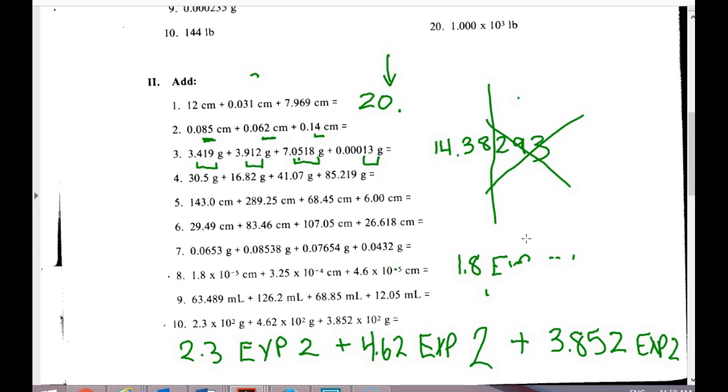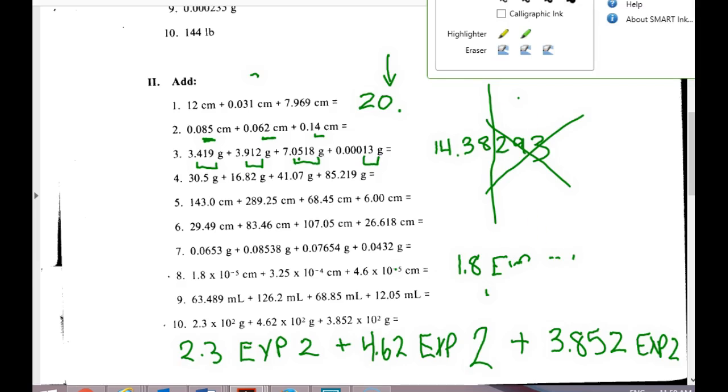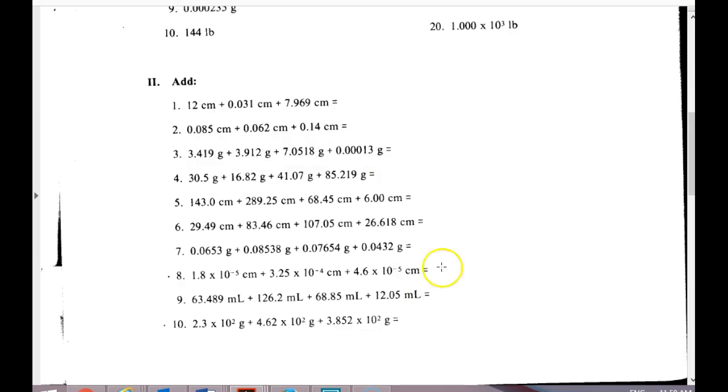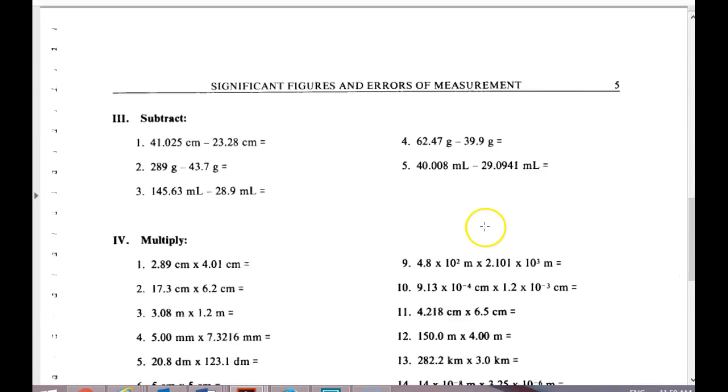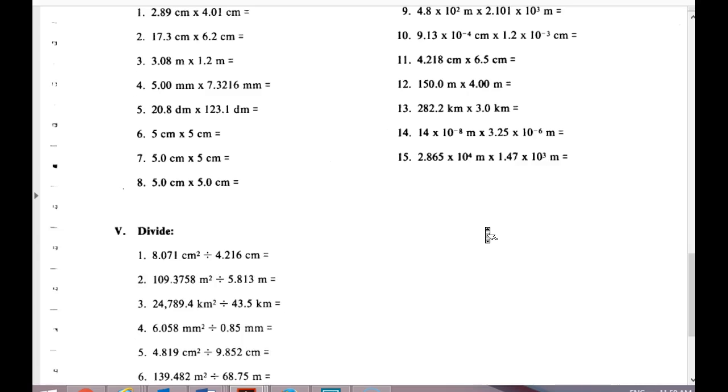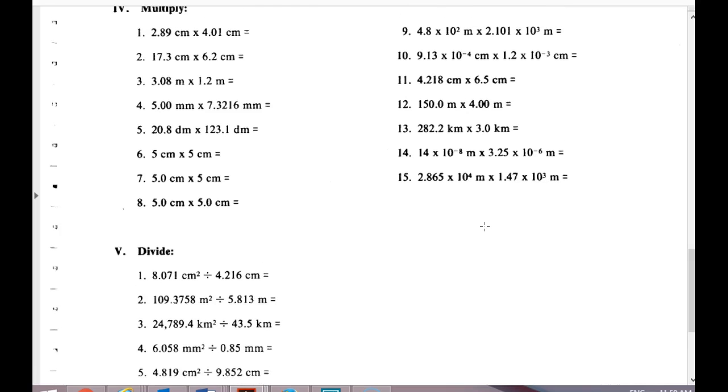The addition and the subtraction rules are the same. You always look to see how many digits are behind the decimal place. That becomes the number of digits that you can put behind the decimal place in your reported answer. Multiplication and division follow a different set of rules. You need to look at total sig figs in a number in order to come up with how many sig figs you get in your answer.